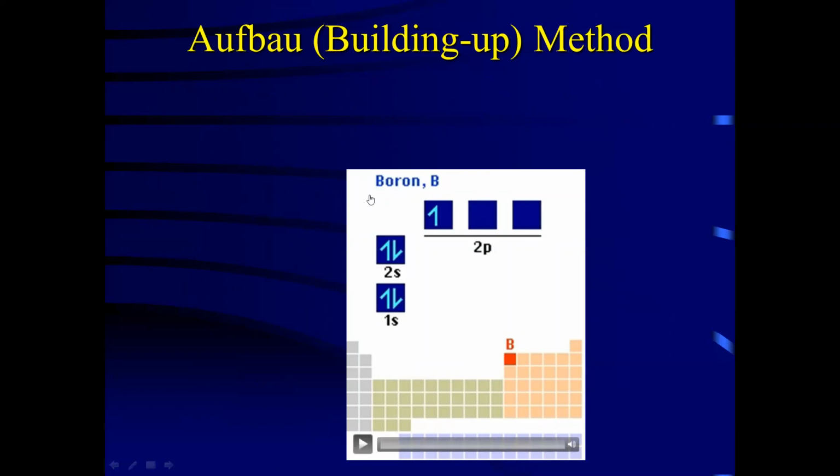So from here, we introduce how to fill the electrons into the orbitals. This is called the Aufbau method. It's a German word. In English it is called the building up method.